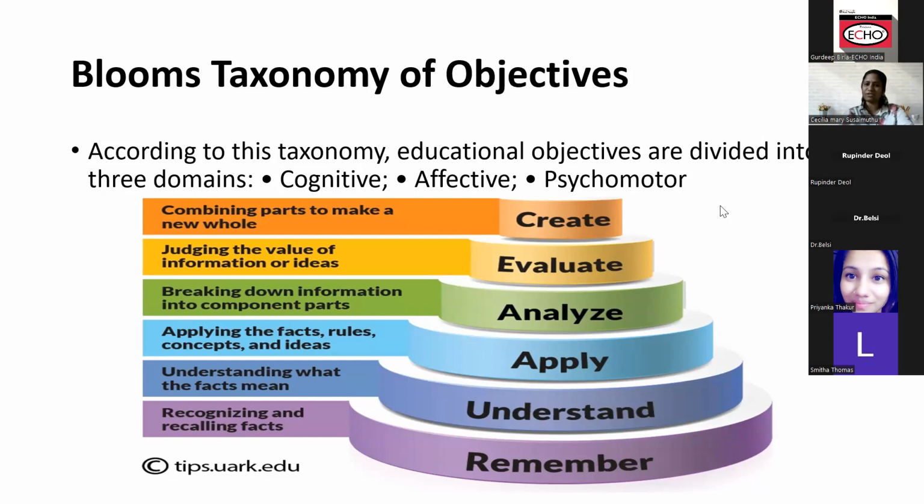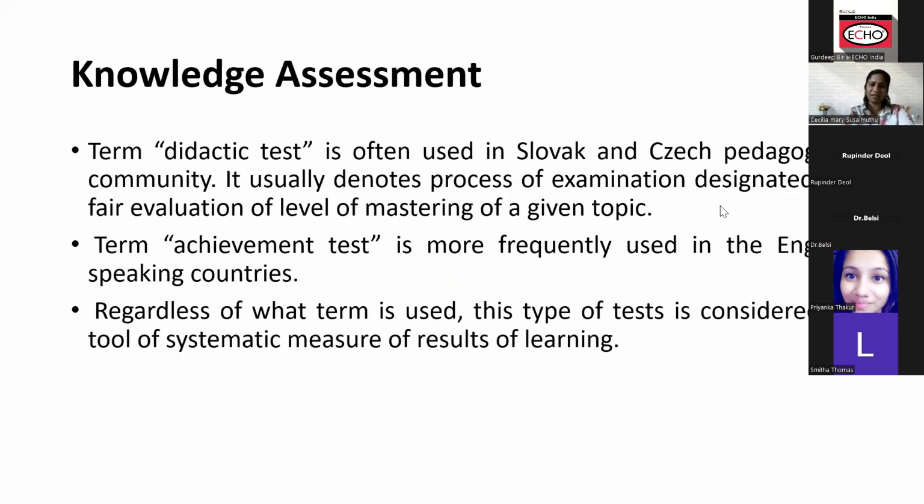The cognitive component is the knowledge component, and it is divided into 6 parts: remember, understand, apply, analyze, evaluate, and create. This is the basis on which the objectives of the entire curriculum and the learning experience planned for the student are set. For the knowledge component, these are the 6 divisions under which we discuss.